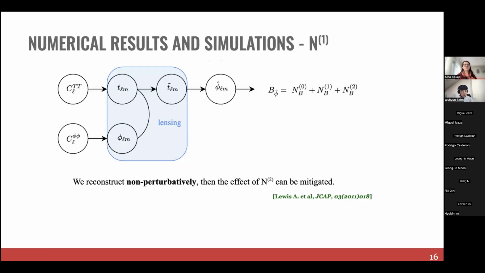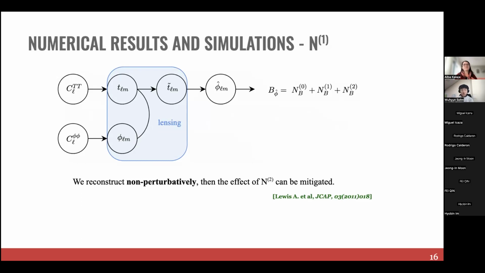Then we move on to N1, which is a bit more complicated to simulate because N1 depends explicitly on the lensing power spectrum. And so we cannot consider just a map with a lensed power spectrum, but we really need to have a realization of an unlensed CMB map here. And again, a Gaussian realization of the lensing map, and then use the lensing map to lens the CMB map in order to obtain your lensed CMB map.